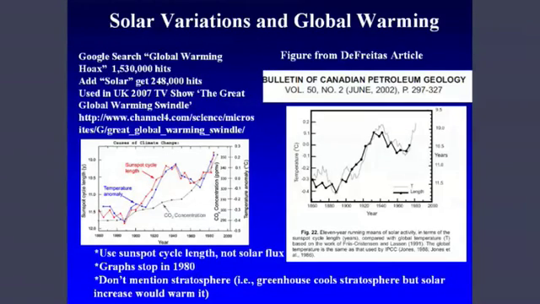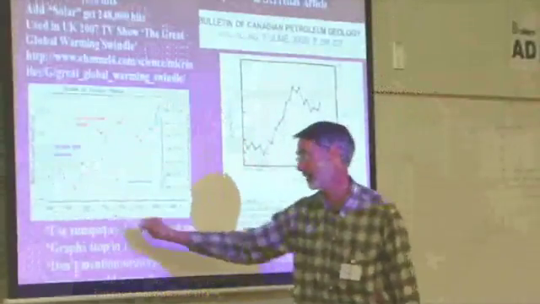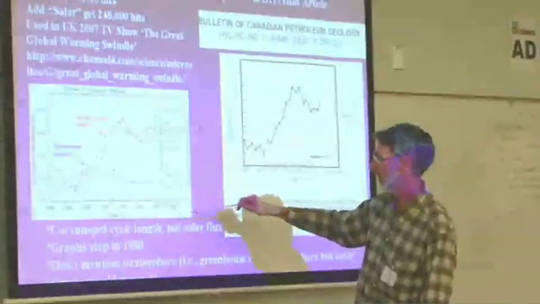If you add the word solar to it, you get 240,000 hits. And just last year in 2007, there was a TV show called The Great Global Warming Swindle. They're saying all these scientists who work on the IPCC report are liars, that kind of thing. One of the graphs they show shows time since 1860 to today.